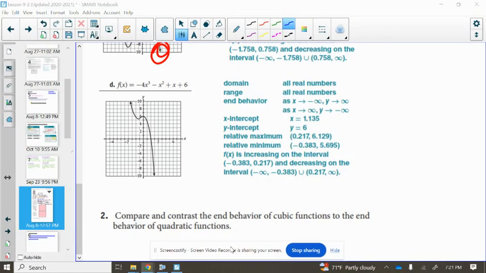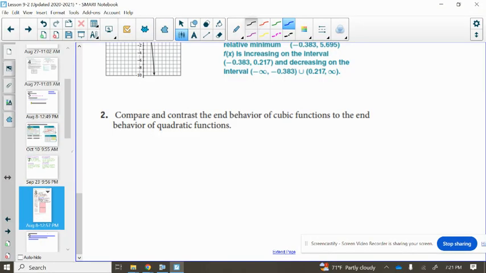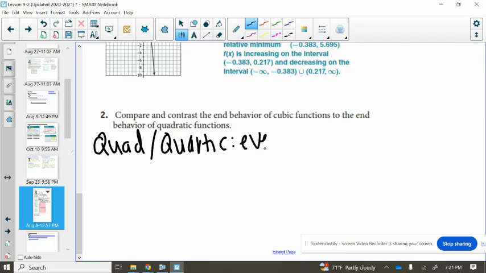Now, what are some of the features that we're noticing about these end behaviors as we look at these graphs? Well, any of our graphs that are quadratic, quartic, aka any of the even degree polynomials, are going to have the same end behavior.